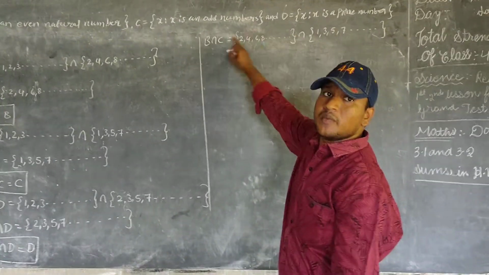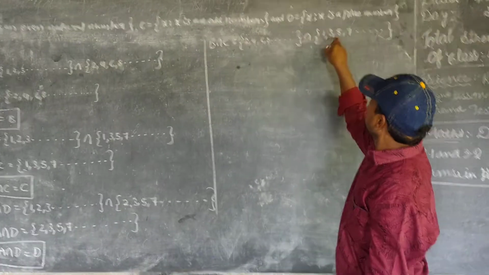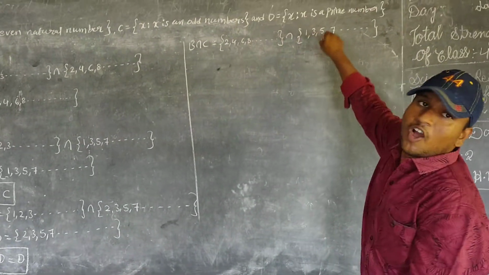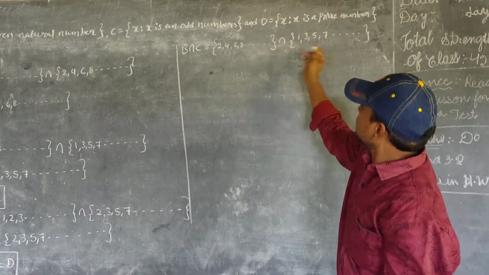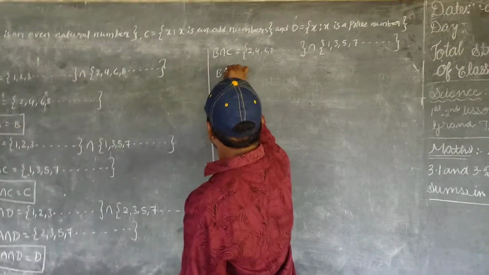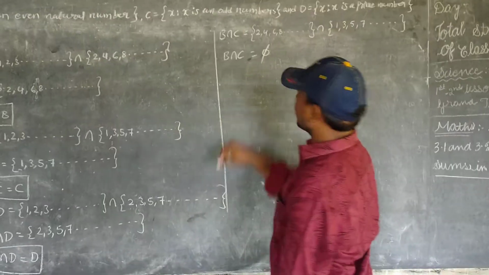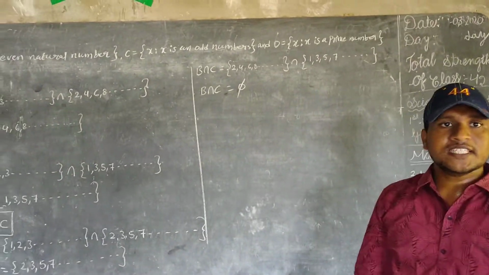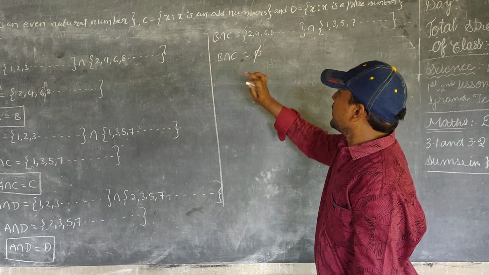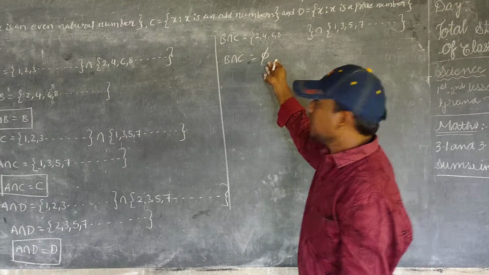Intersection means only common elements, but here there are none, because B has even natural numbers and C has odd natural numbers. So B intersection C is equal to phi, the null set. It is the empty set, or null set, or void set, denoted by phi.